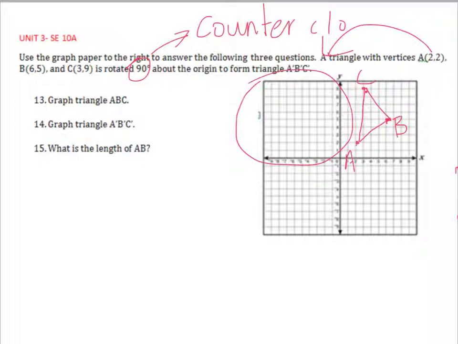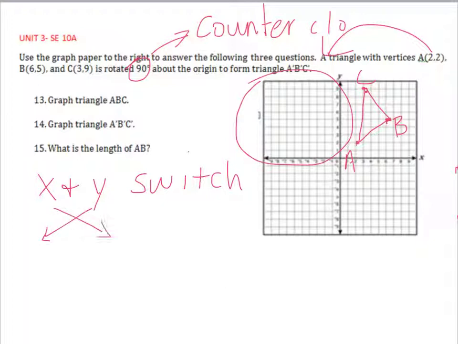So what happens here is you can either use your patty paper to trace and then rotate, or you can remember that when you rotate 90 degrees counterclockwise, X and Y switch places, and the Y, which becomes the new X, changes signs. So you get negative YX instead of XY.